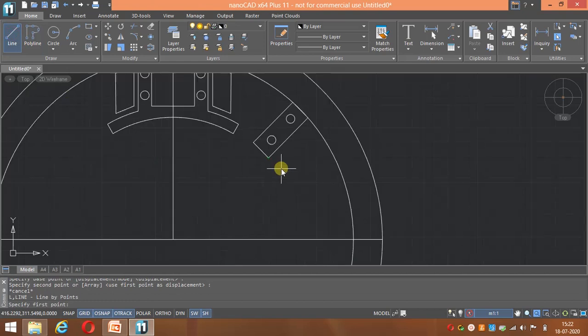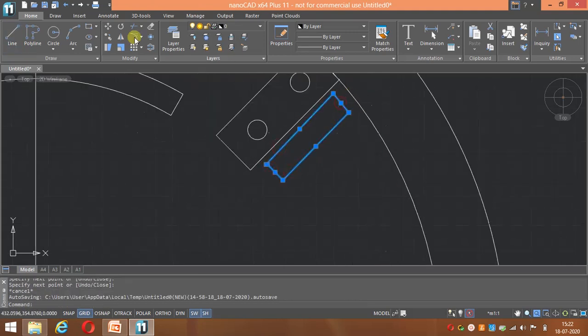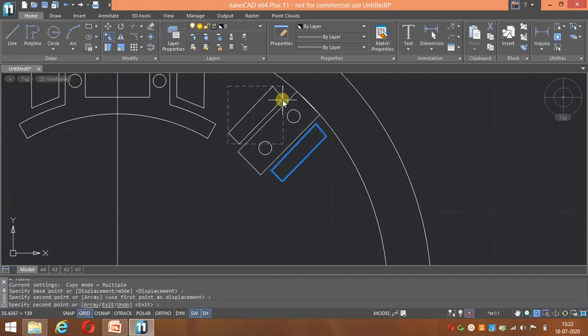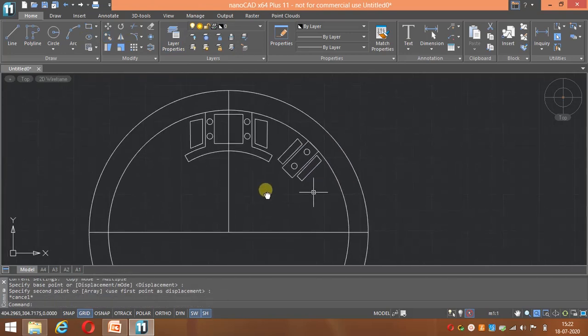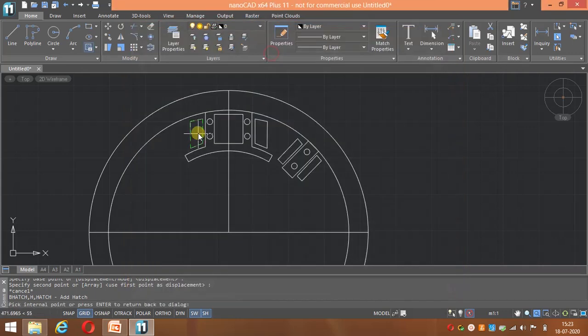So for that, you can turn off this O snap and O track. And paste it. So this is the interpole. Now let me go for hatching the field windings. Pick internal point.